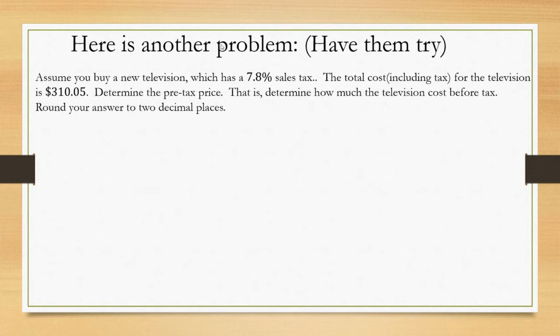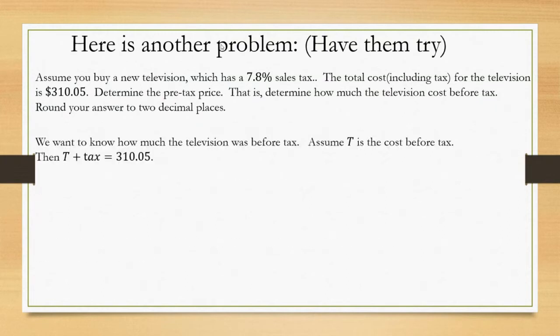We want to figure out how much the TV cost before tax. But you can see this is similar to the previous question, right? I gave you the bill, I gave you how much you paid, including the tip, and we had to figure out how much the bill was, how much it cost before the tip. Same idea here.